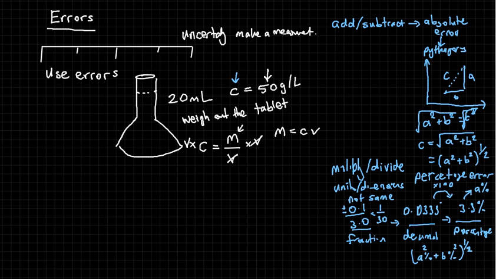C is equal to grams, which is mass, divided by litres, which is volume. If I want to give myself mass on the right hand side here, I times both sides by the volume, and you'll see that these two cancel. This is what algebra is all about, you timesing both sides by the same amount and cancelling. So we're left with mass is equal to C times V.